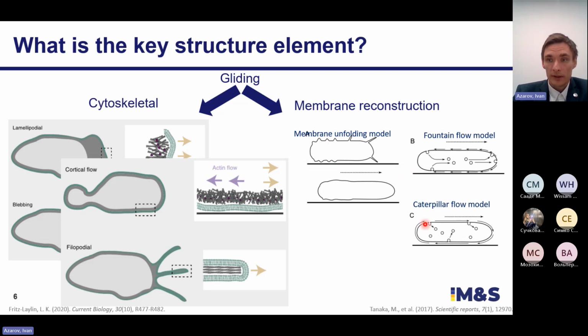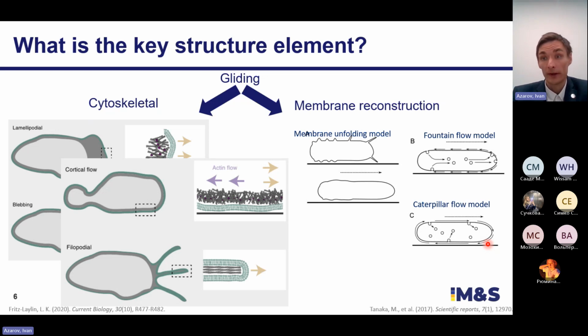It can be a caterpillar flow model, a very interesting model, and more close to the real processes in cells, the fountain flow model, when special membrane bubbles initiate at the back of a cell and then go to the front of the cell.